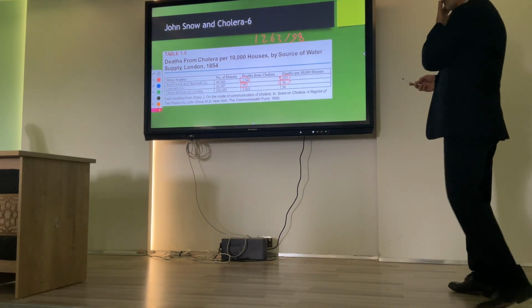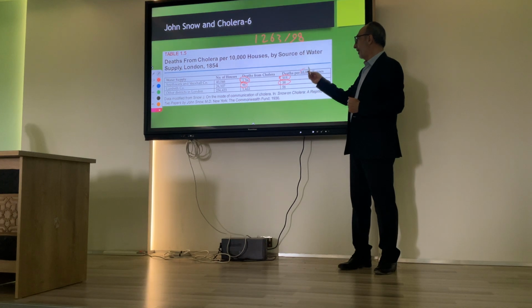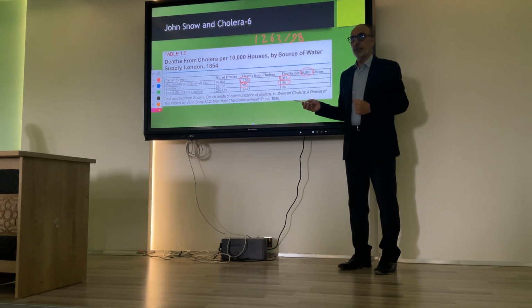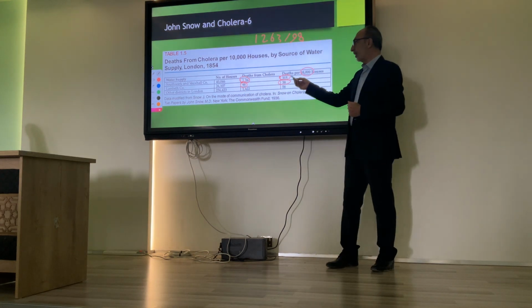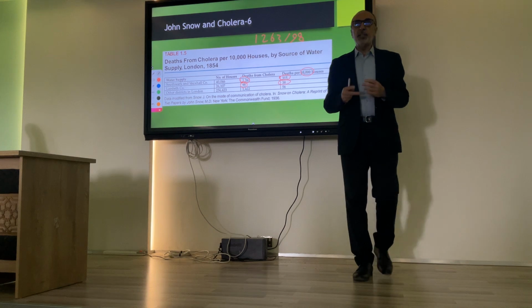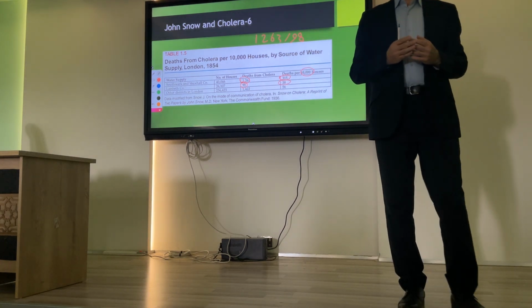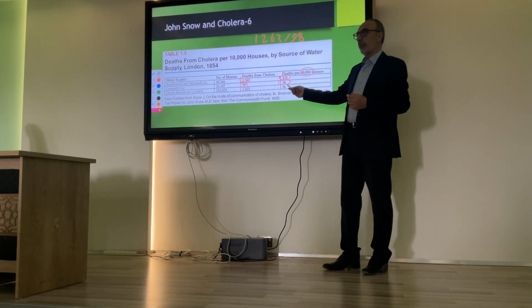Because in the last column, the denominator is the same. So we cannot compare this number with this, but we can compare this number with this. In the last column, the difference of the total population is removed, and we call this figure a relative number.